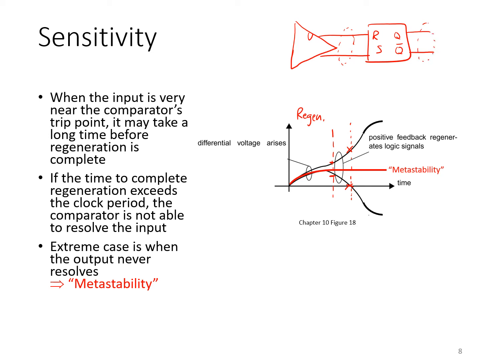If they toggle, then we've waited long enough and the output was large enough and it was not metastable. If those output voltages don't toggle, well, then the differential input was still too small, and we haven't reached the sensitivity level of the overall comparator yet.